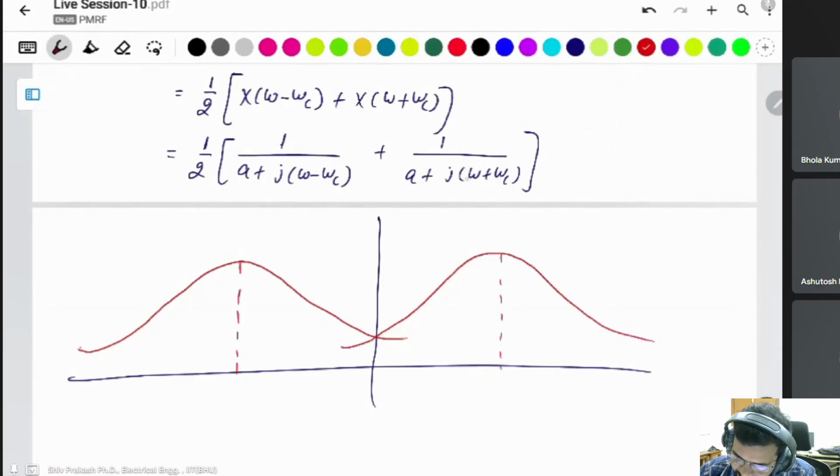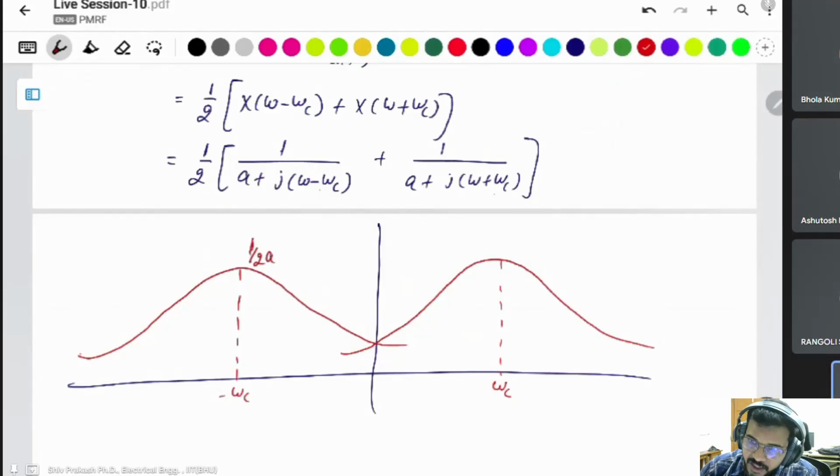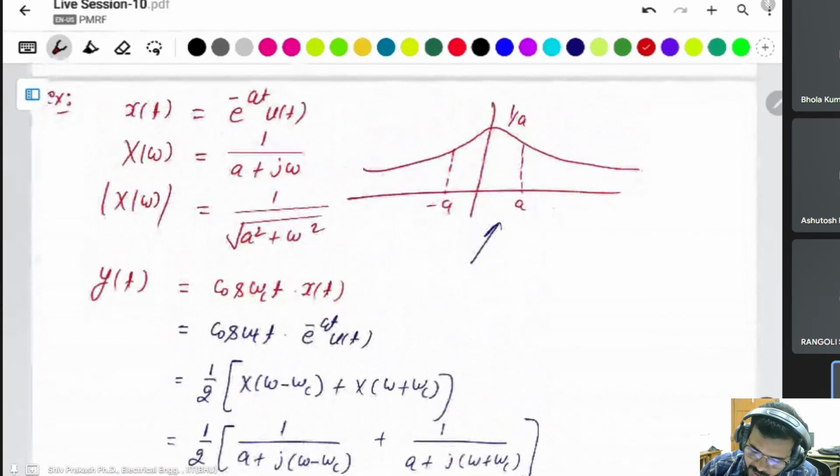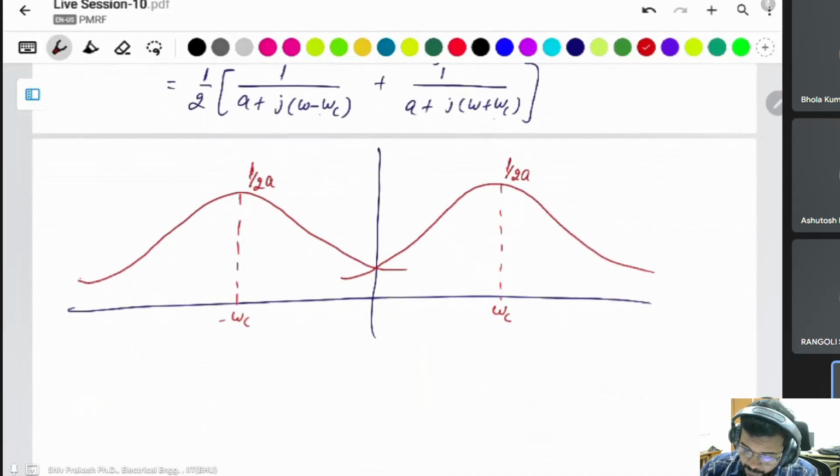This will be omega c, and this will be minus omega c. The magnitude of this one will be 1 by 2a. In the previous case it is 1 by a, because for a single waveform at omega equal to 0, 1 by a is there. Here, putting omega equal to 0, this will be 2a for this one, 2a for this one.